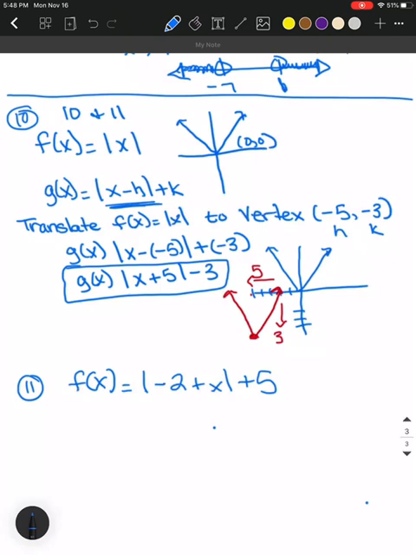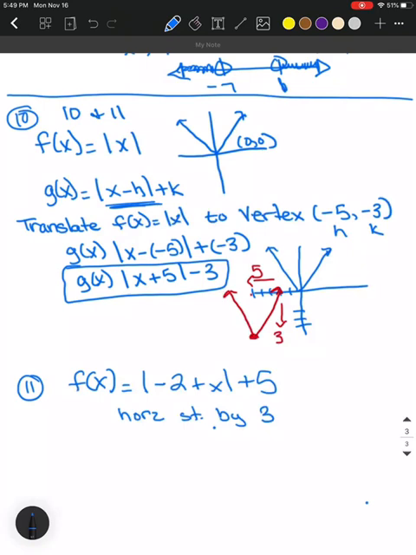All right, they tried to trick you up a little, but it's still in vertex formula for absolute value. They want us to horizontally stretch by a factor of 3. So remember, horizontal is always the opposite of what you think.